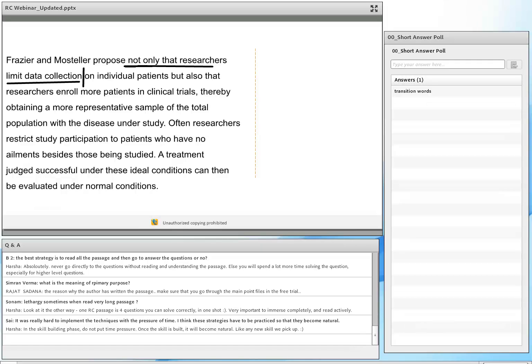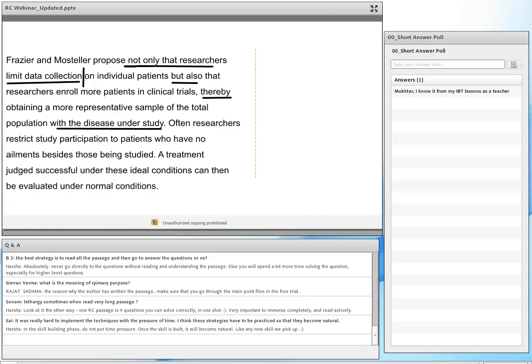Not only that researchers limit data collection on individual patients, but also that researchers enroll more patients in clinical trials, thereby, again, the outcome over here, another keyword, obtaining a more representative sample of total population with the disease under study. Okay, so that's good. What the author is really saying is, hey, there's a second suggestion that FNM give.